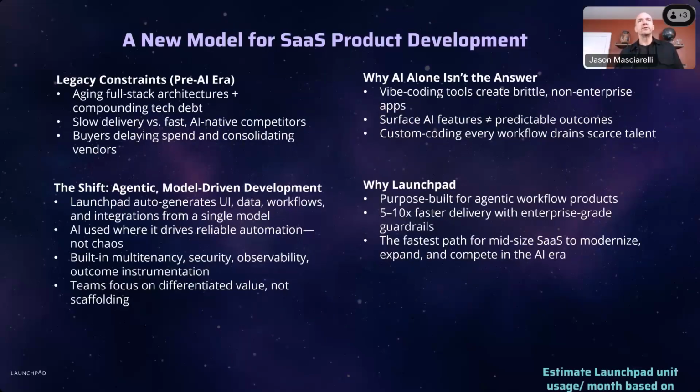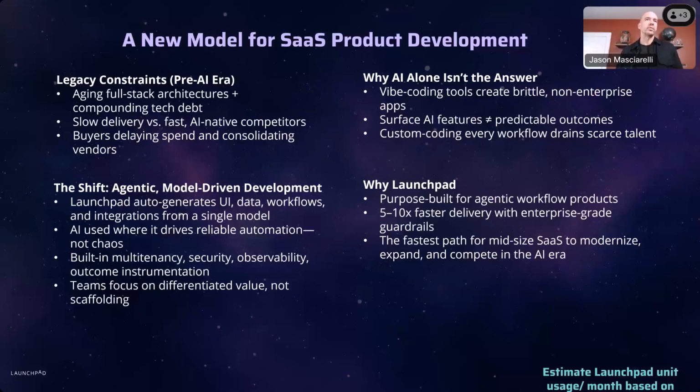And so, thinking about what's happening today. Often when I'm talking to CEOs and CTOs and teams, especially the ones that have bought into Launchpad and it's clicked for them, this is a lot of what we talk about.